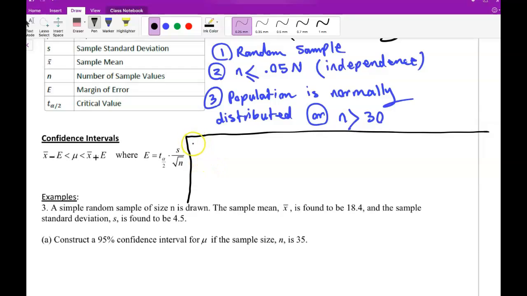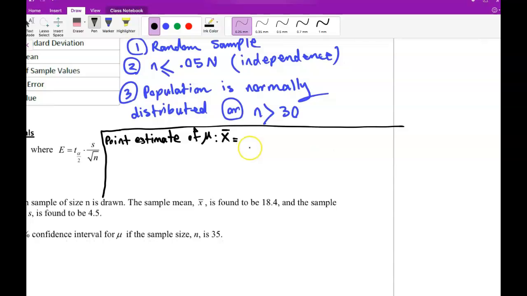Okay, I want to add something here. So to find point estimate, so that is x bar. This is equal to upper confidence limit.